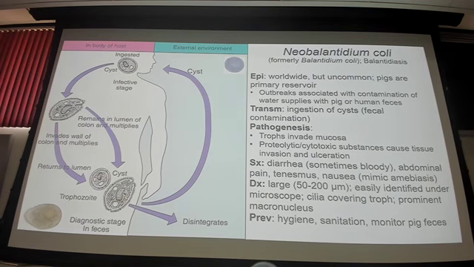Fecal-oral transmission, sort of the same process once it ingests cysts and they exist in the small intestines. But because it's a ciliated organism, its pathology is slightly different. Nothing too sophisticated, but that trophozoite, once it develops in the small intestine, has what's called a cytostome, basically a little opening where it can consume nutrients.